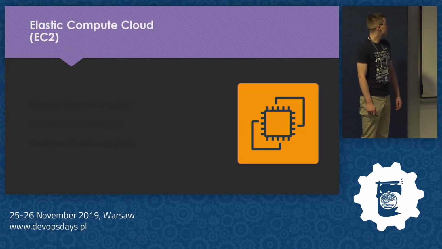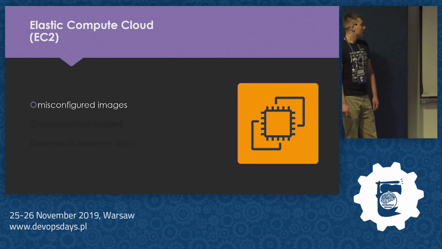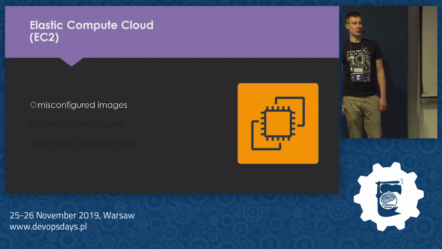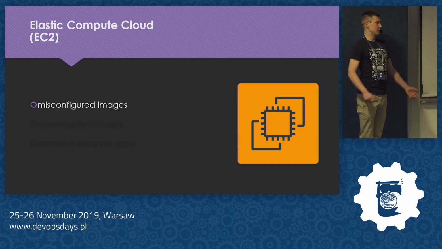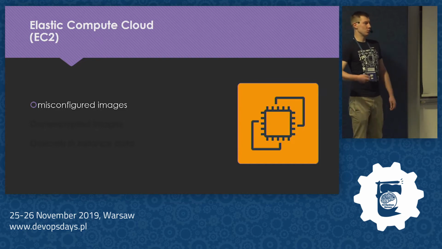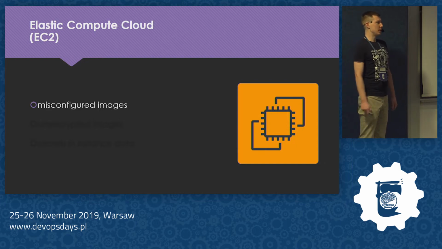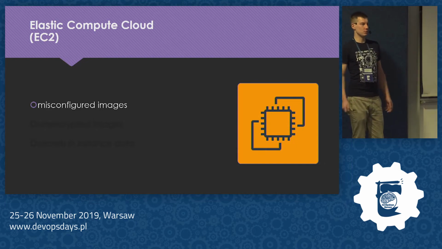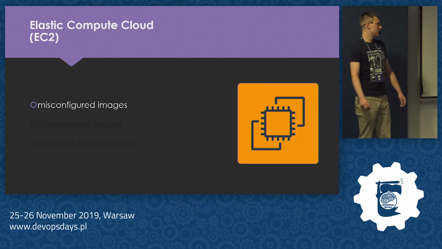In terms of Elastic Compute Cloud, we can deal with misconfigured images. There is an image library in AWS that you can pull images from. You don't have to prepare images from scratch all the time, say for vanilla Ubuntu install.